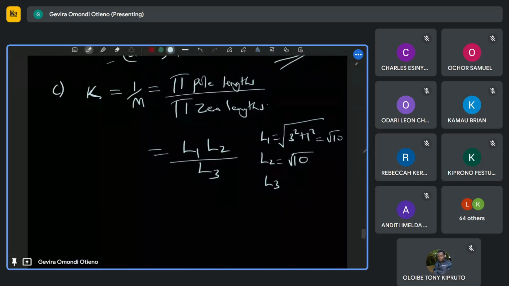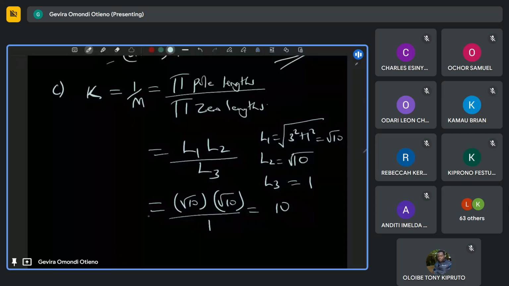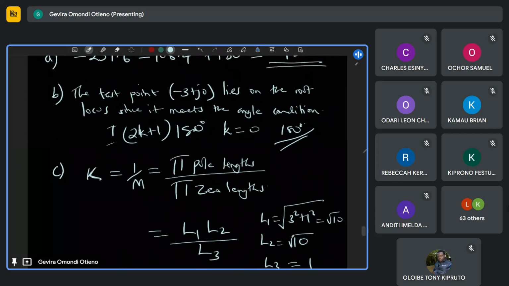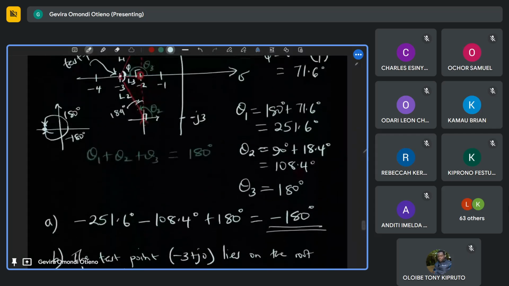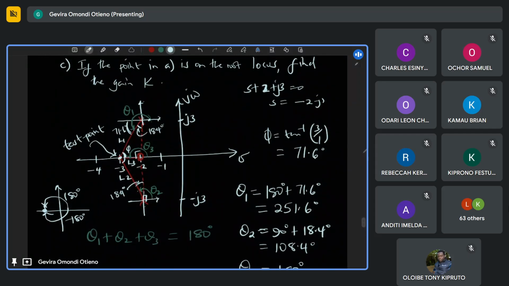Therefore, root 10 multiplied by root 10 over 1, and your solution becomes 10. So the test point minus 3 plus j0 lies on the root locus, and the gain at that point is 10, meaning K is equal to 10.